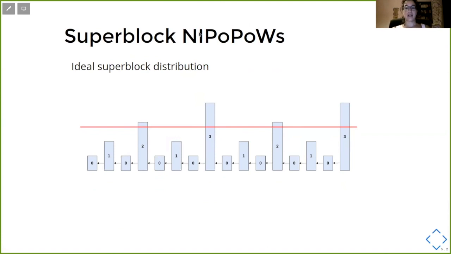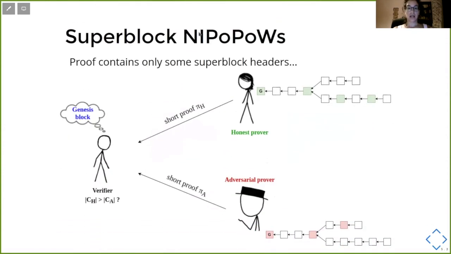So you can see that if we want to convince a client of the proof of work contained in this chain, we could just send these few blocks that are at least of level 2, meaning these 4 blocks you see over the red line. And this should be enough to convince the client of the cumulative proof of work contained in all of the 16 blocks in the chain. So we are able with this protocol to construct really succinct proofs for the client synchronization.